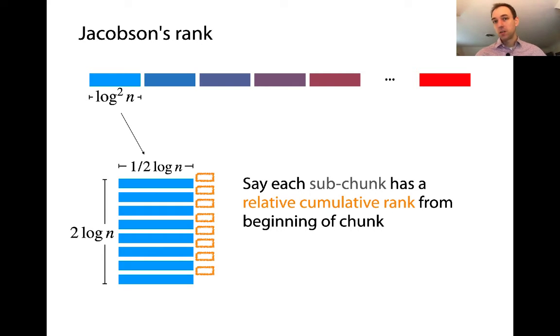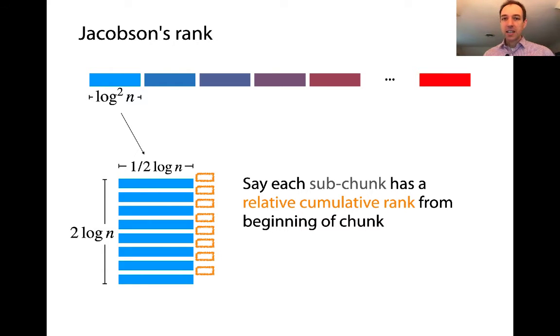I don't need to, because I already have the cumulative rank up to my chunk. So I only need to store the additional number of ones that I would see from the beginning of the chunk to the beginning of the subchunk. That's why I'm calling it relative. It's relative to the chunk as opposed to being relative to the overall bit string, the overall vector. So these are relative cumulative ranks from the beginning of the chunk.